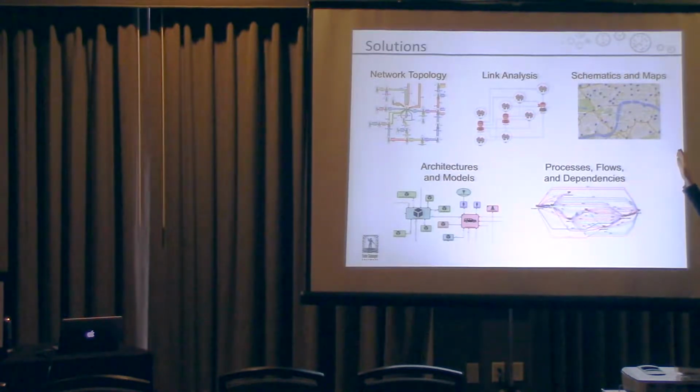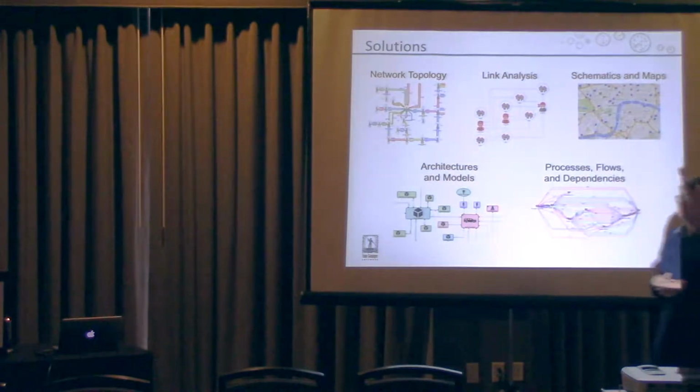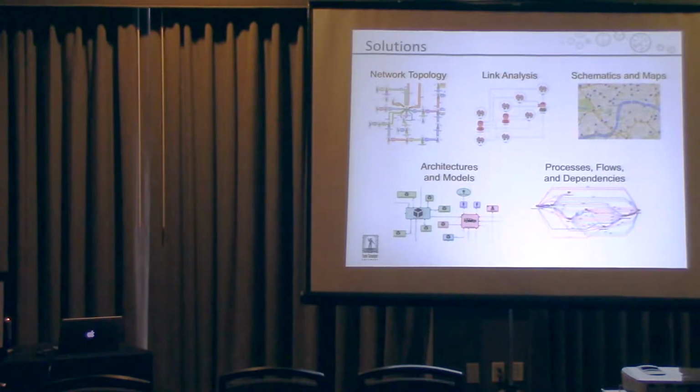Geospatial maps are especially interesting because we have, in addition to the geospatial data, connectivity information. So we can lay it out and also run analysis on these data models. I'm sure everybody's very familiar or working with some special architectures and models, especially with SysML. And we also show processes, flows, and dependencies in systems.